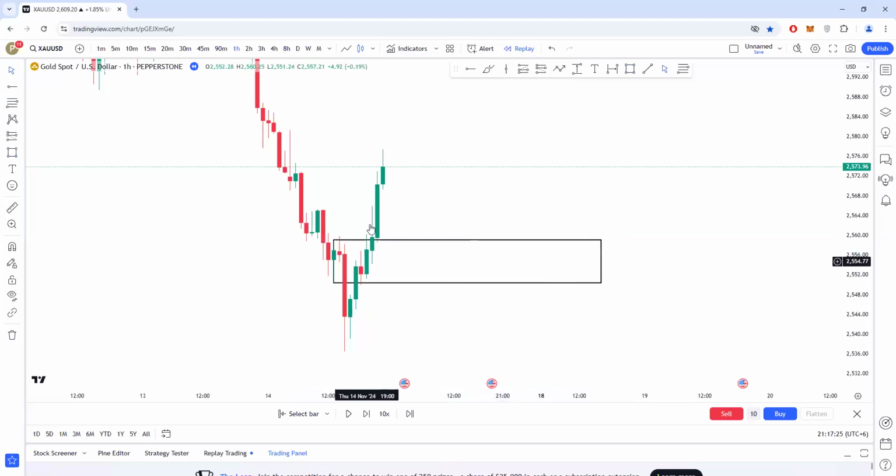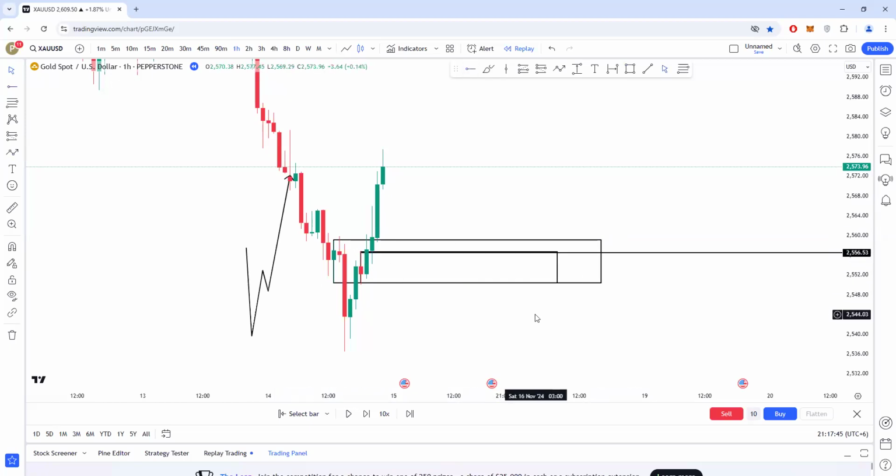And we have our fail area. We have this particular one which is kind of overlapping. And at the same time, what else do we have here? We have red, green, red, green. Is it a W shape? Yes. And where did the engulfing area start? This is where the engulfing area started.